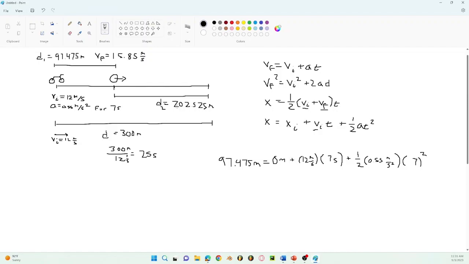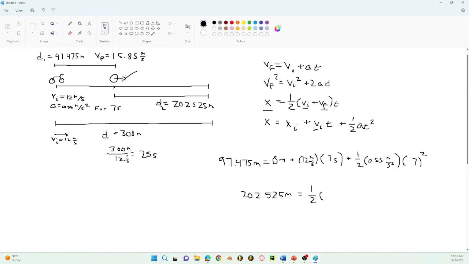We don't know the time, but we have the distance they cover, so we can use this one. So x in this case is going to be equal to 202.525 meters, which is equal to 1/2 the initial velocity, which is this one, not this one. Don't get them confused.